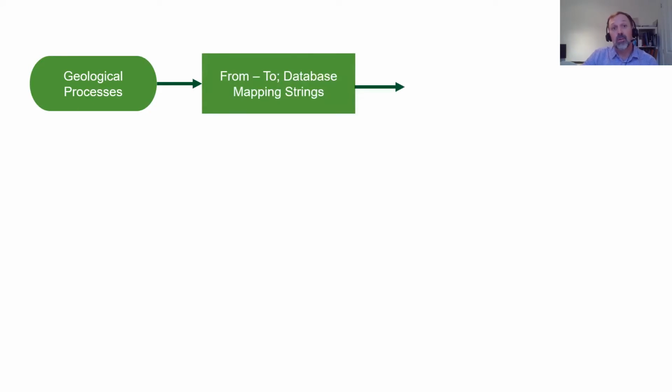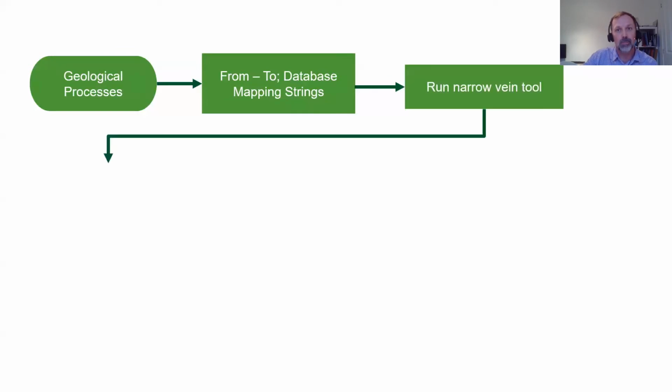You're going to then generate a database with from-to points in it, and in addition to that, you're going to use mapping strings. So these could be underground mapping, surface mapping, mapping out of trenches, etc., or even potentially geochemistry or geophysics mapping that is going to give you data in order to help you to improve your wireframe or your solid.